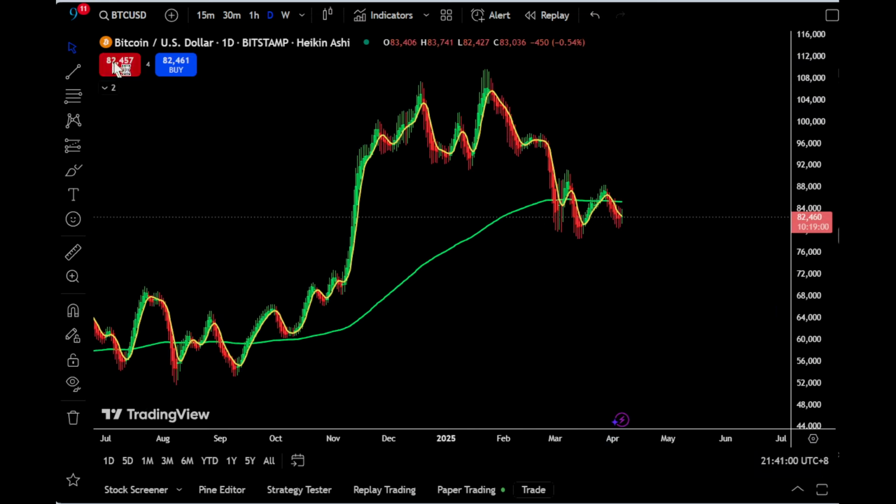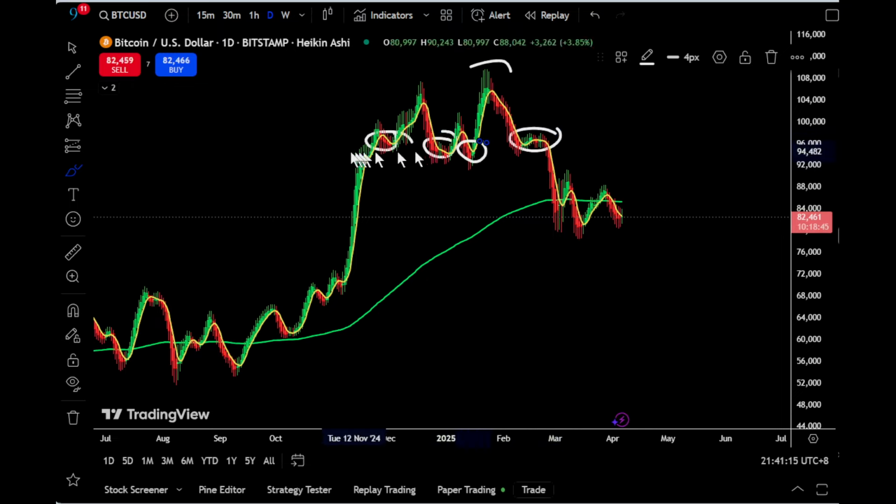Okay, as you can see, it has gone up to the top. Then as you can see here, there's a lot of pressure in these areas. So it's obvious that this entire area is a consolidation zone.